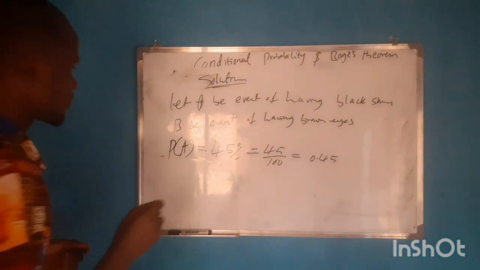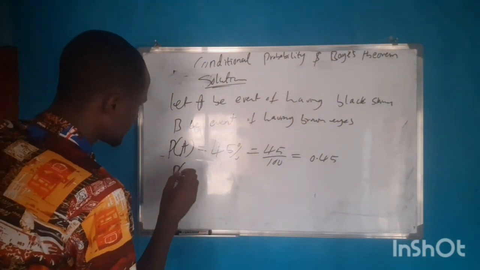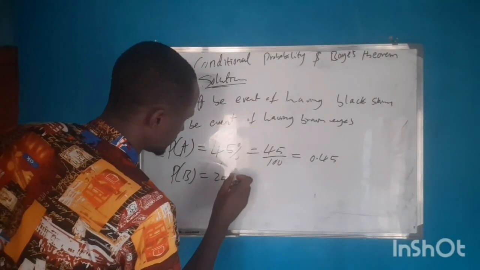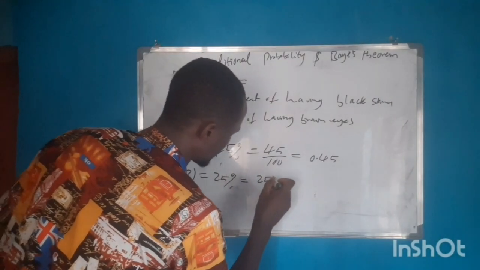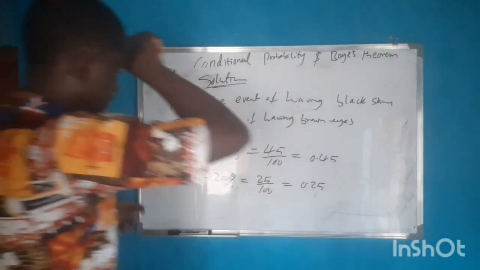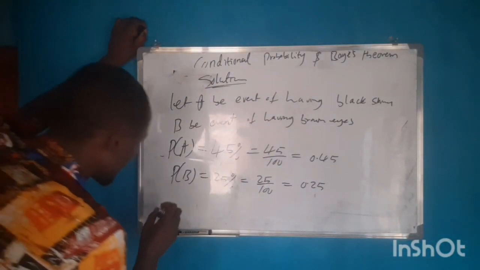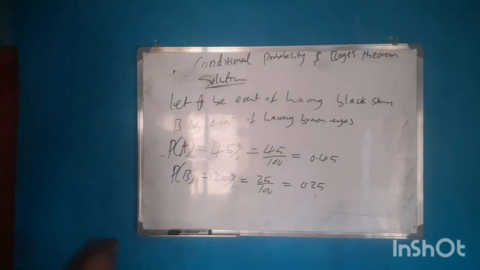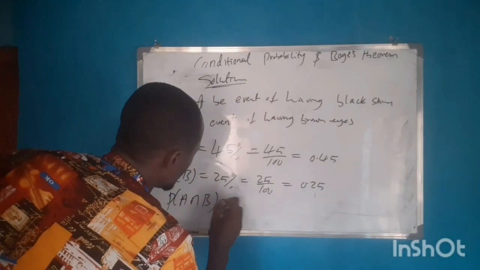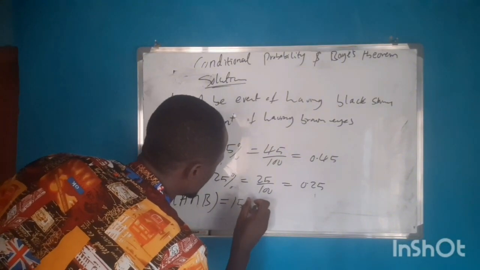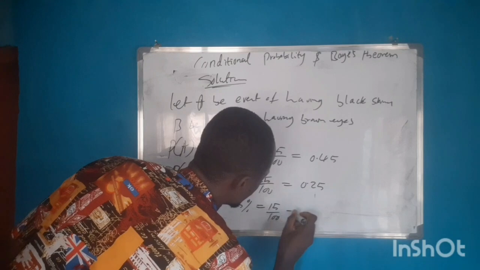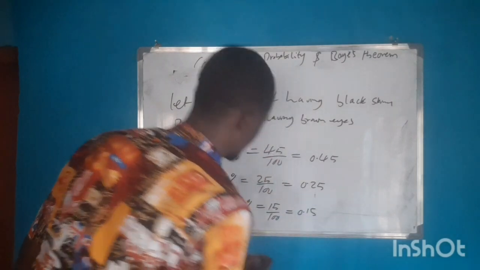The probability of B is equal to 25%, which is 25 over 100, which is equal to 0.25. The probability of having both A and B, the probability of A intersection B, is equal to 15%, which is 15 over 100, which is equal to 0.15.